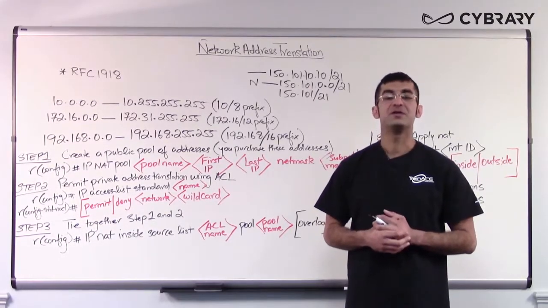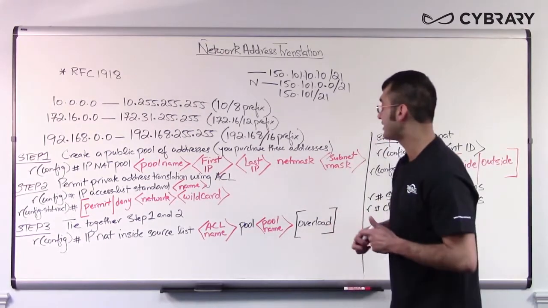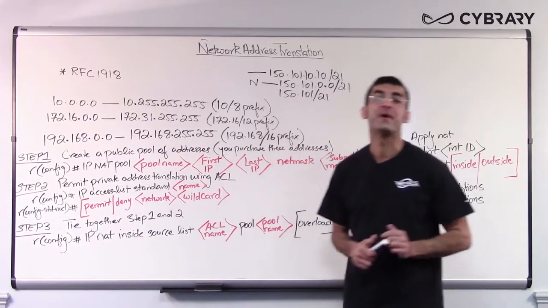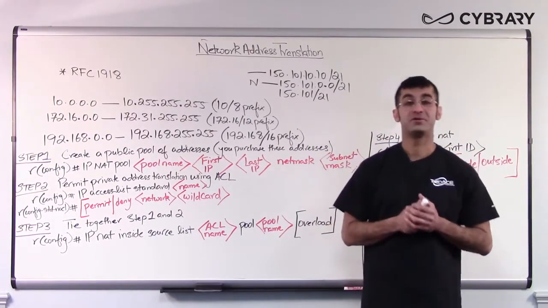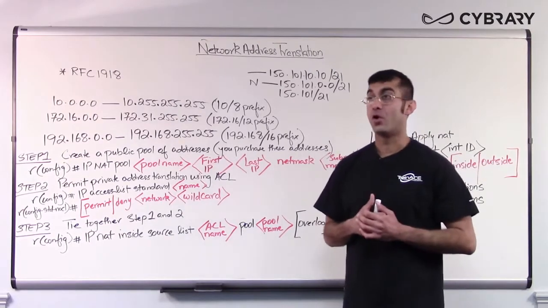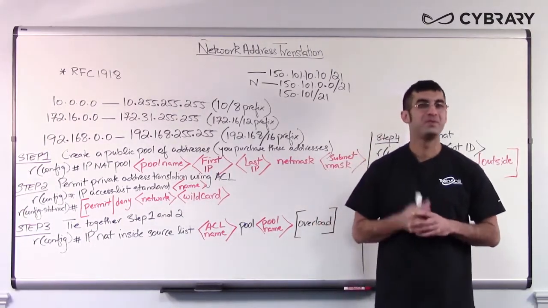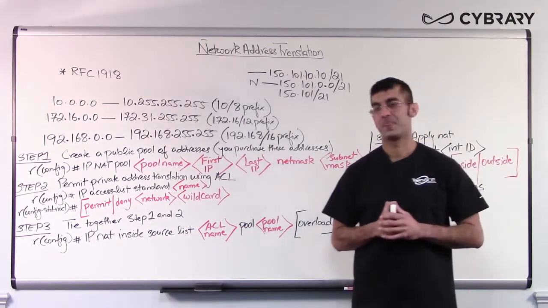And somebody gets assigned to go buy public addresses. So the point I'm trying to make here is that you have to go purchase a pool of public addresses. Now the pool could be 254 addresses, 50 addresses, or maybe just 1 address. Now the corner case of the pool being 1 address we'll explore in a little bit.